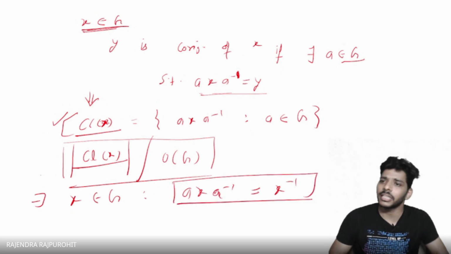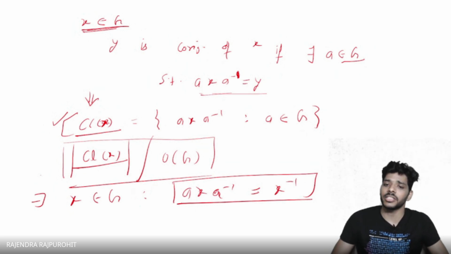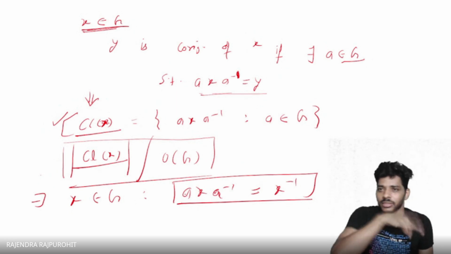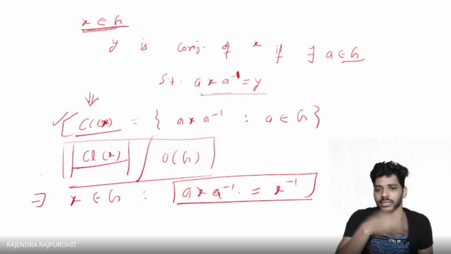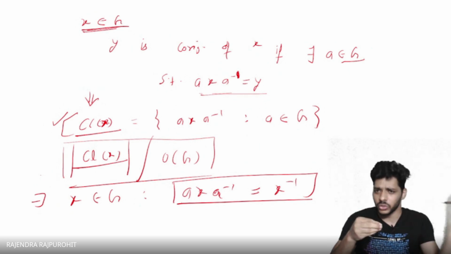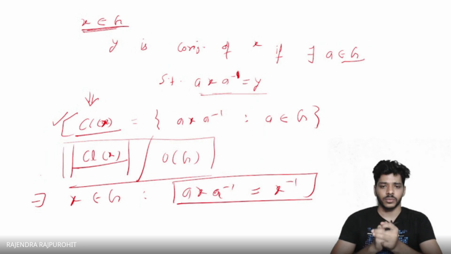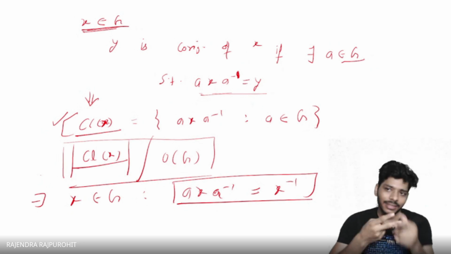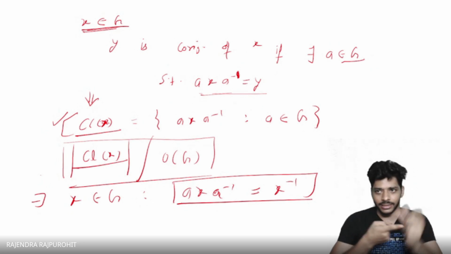That's the given information: there is an element which is conjugate to its inverse. What are the conjugates of x? Those elements which you obtain by operating with all the elements a from the group, a x a inverse, whatever you get, will be a conjugate of x. So that means in the class of x there are at least two elements, x and x inverse.